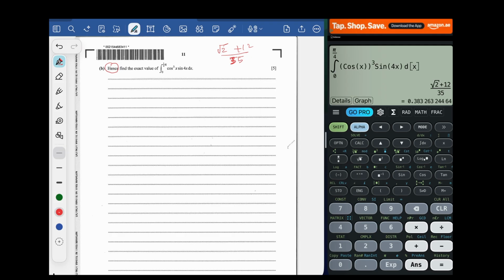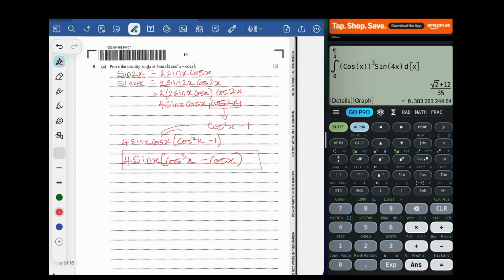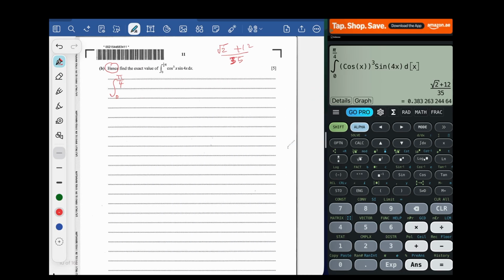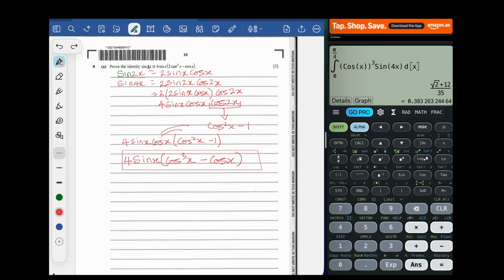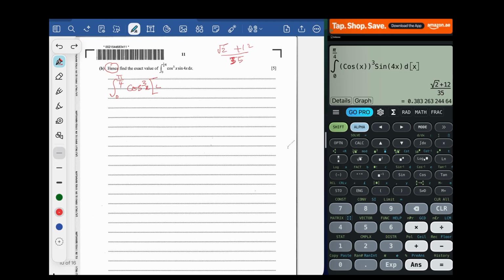So we know that we integrated this using the identity, 4 sine x, then bracket 2 cos cubed x minus cos x.